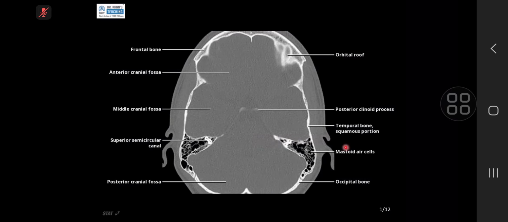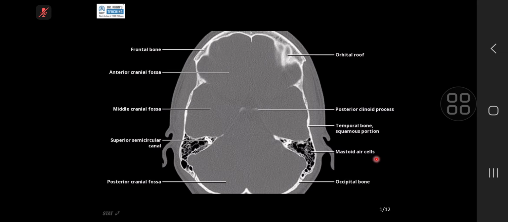Now an overview of the skull base. From what we have learned till now, we did learn the overview, and we covered that 3 midline bones are single bones, and 2 bones are paired bones.